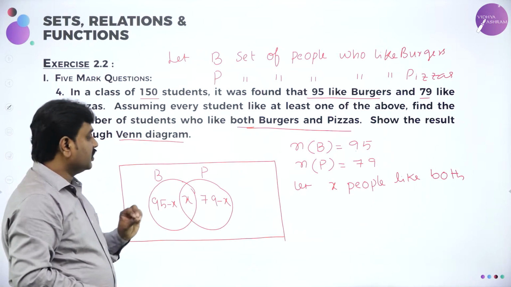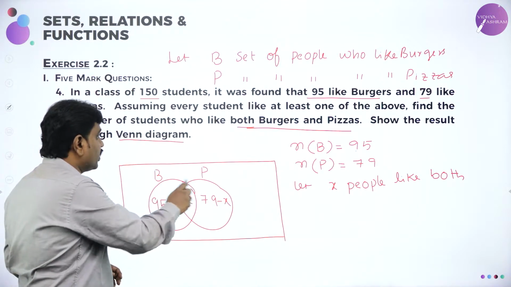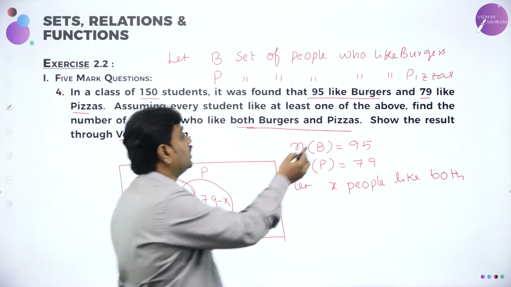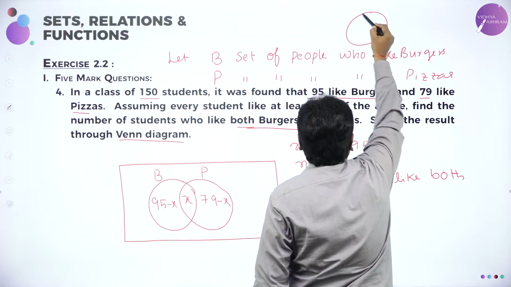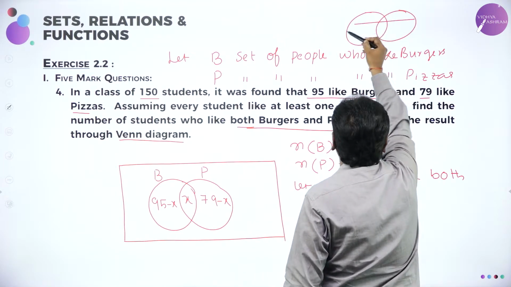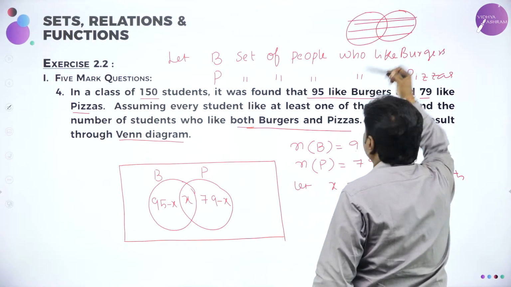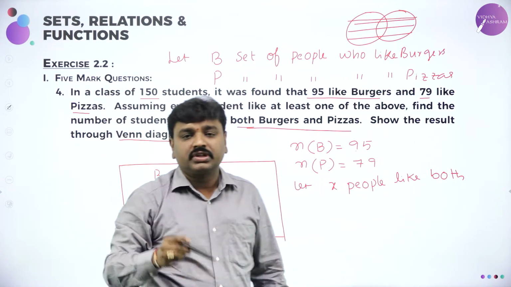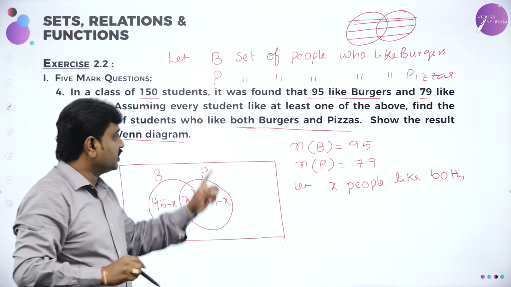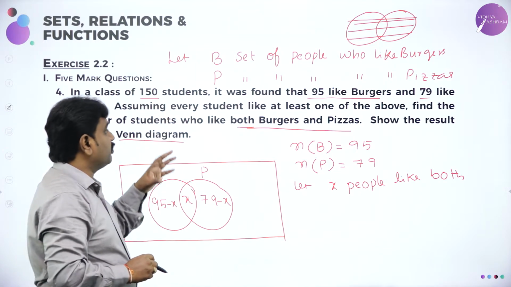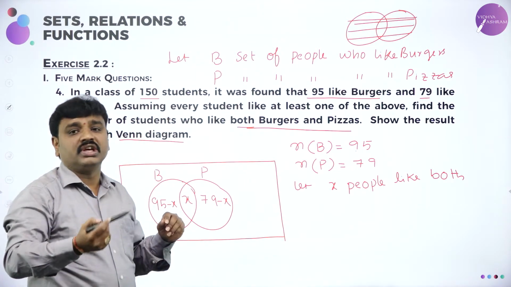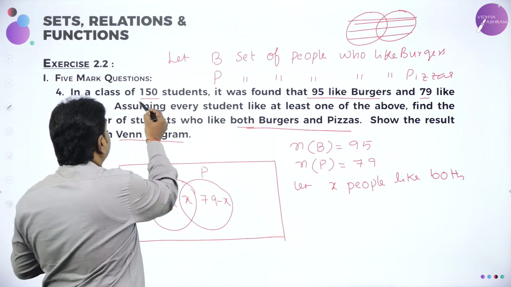To find X from the diagram, see please understand in a Venn diagram, this whole region is called the union. This whole region is called what? Union. So they told at least one they like, means the total number of people is equal to the union. Total number of people, how many are there? 150.